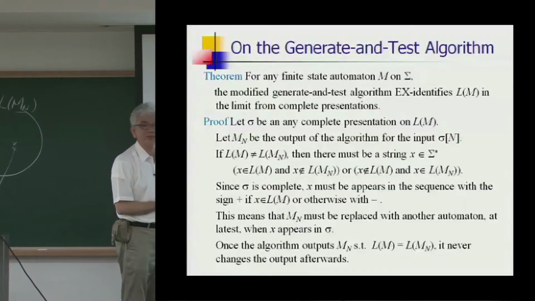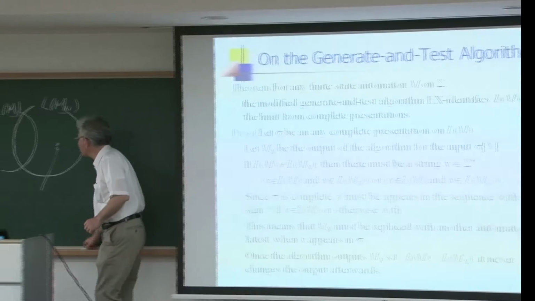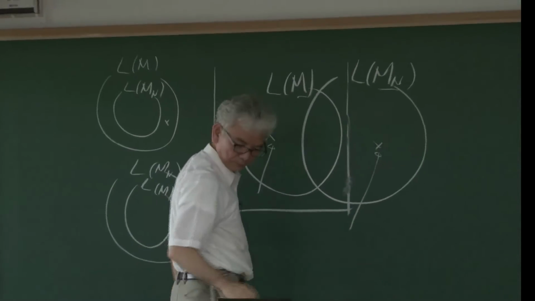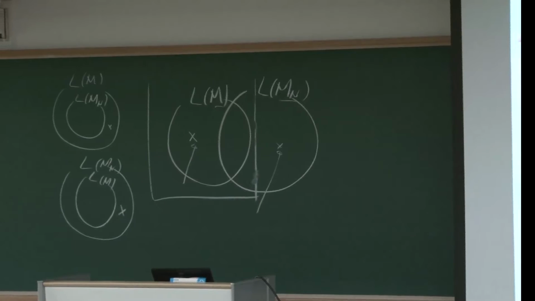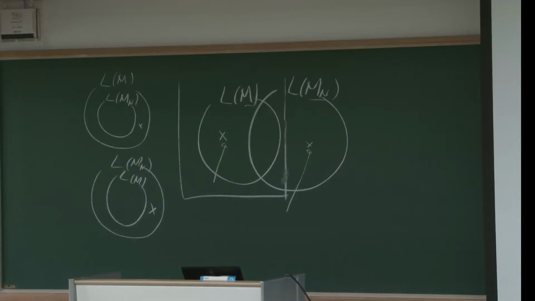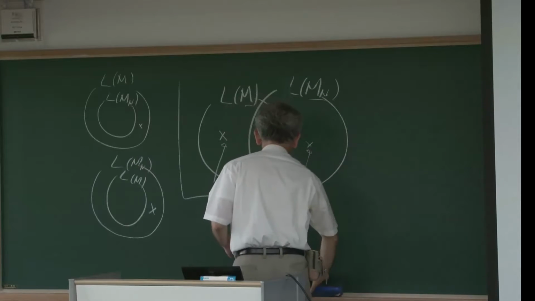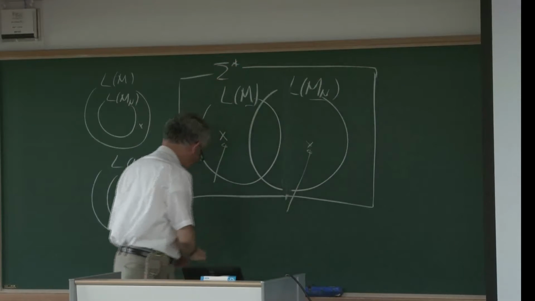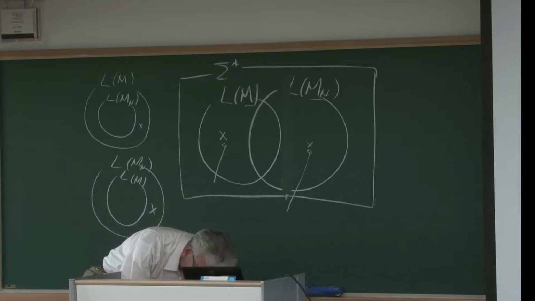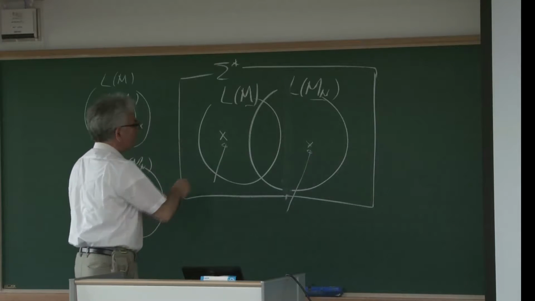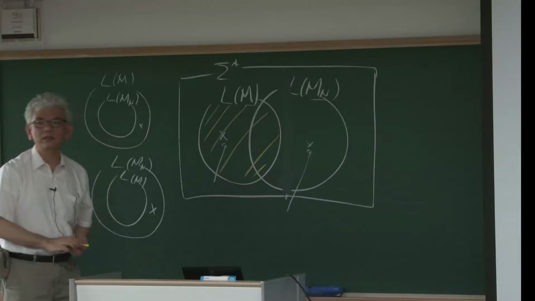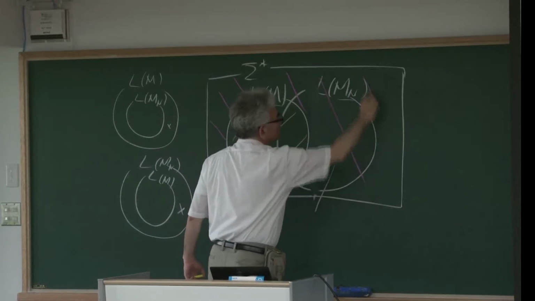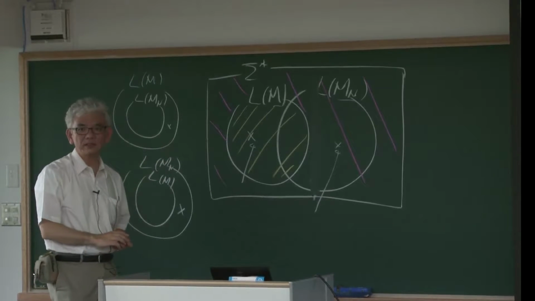And since sigma is complete, the whole of these data appears in sigma as positive examples, and 4 of these parts appear in the negative examples in the sequence presentation sigma.